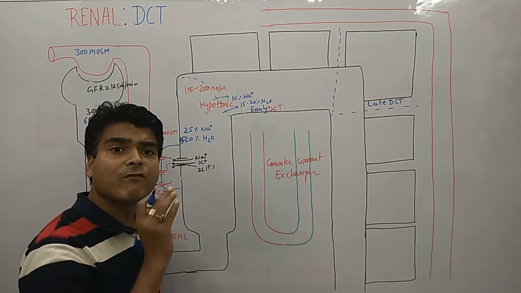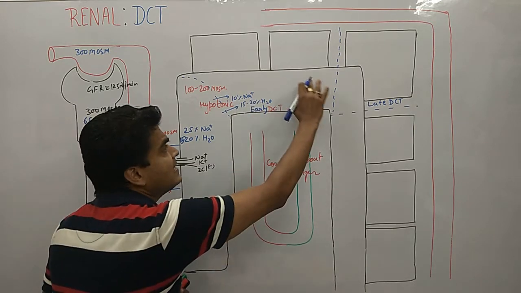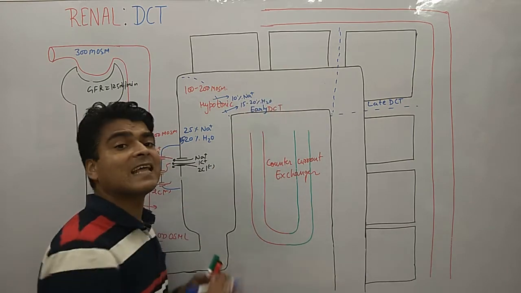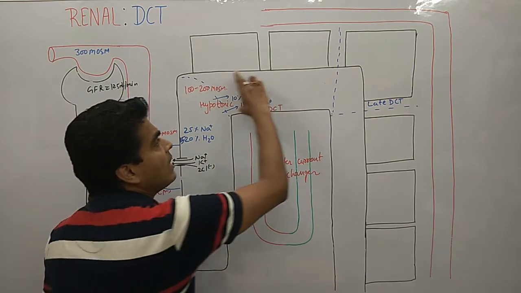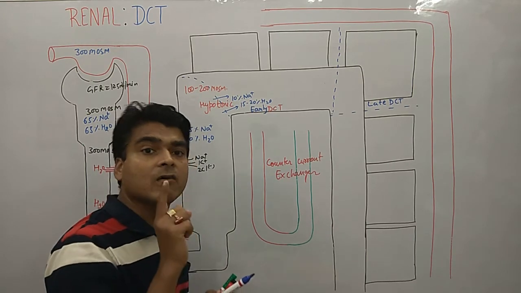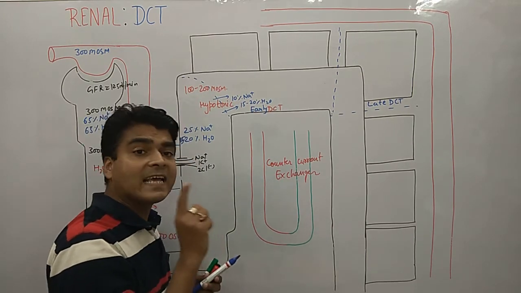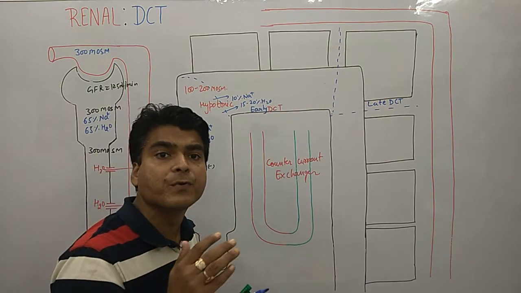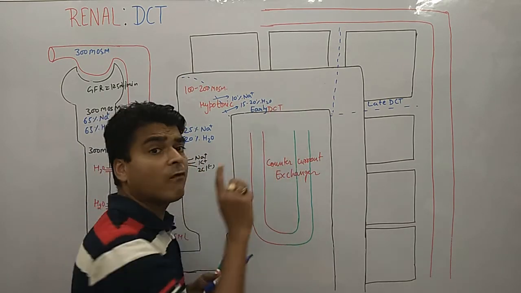Now one important point regarding the DCT, about its structure, the anatomy part. The walls of the DCT, the distal convoluted tubule, are impermeable to water.